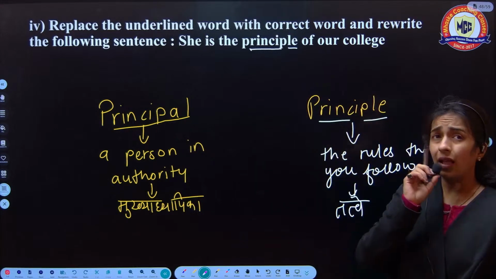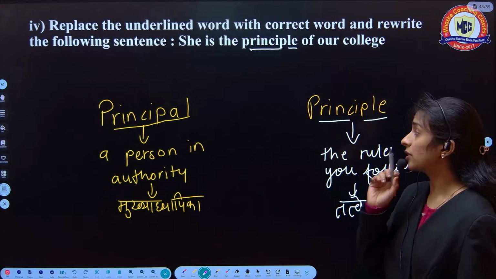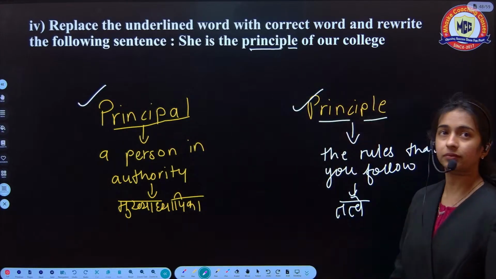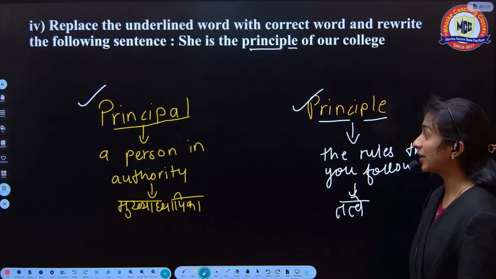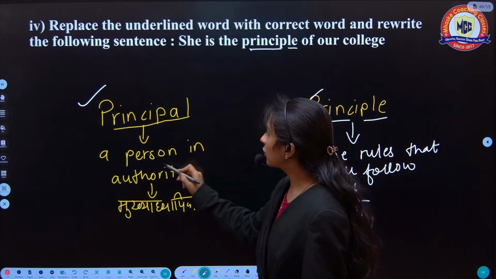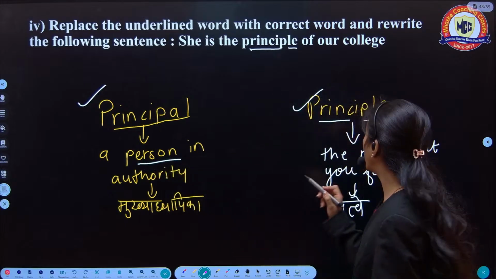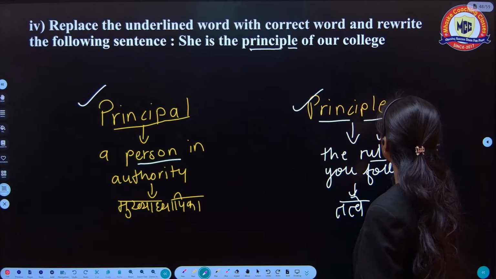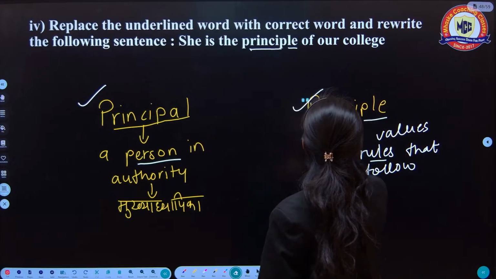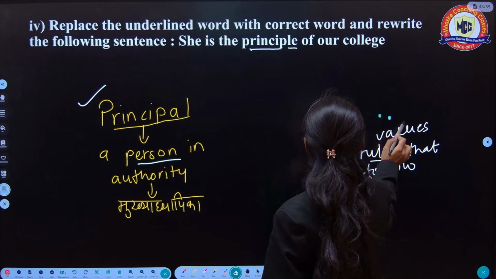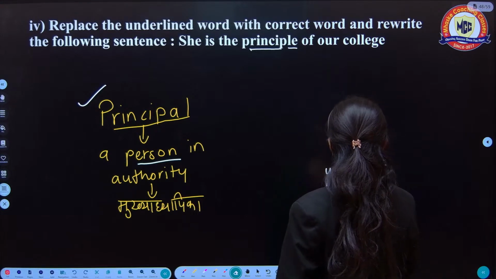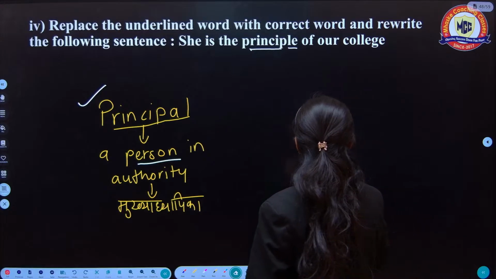and saying that she is the principal of our college. What do you think? Which principle is correct? This principle or this principle? Absolutely. When we are talking about a girl, she needs to be this principal because we are talking about a person. We are not talking about the rules or the values. So that is the reason we are going to use this spelling instead.